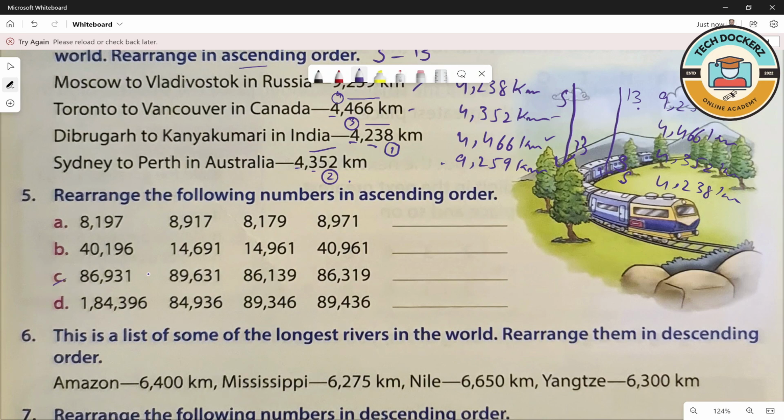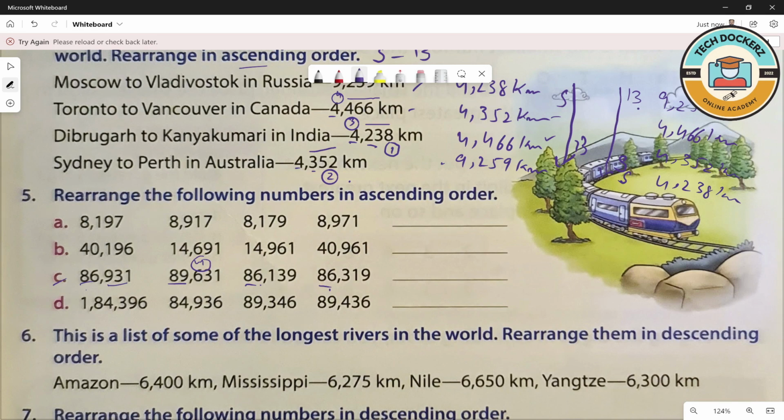Observing the pattern, 89,000 is the biggest number in the 1000 place. So this number will come last. We will keep it separate. Now we have three numbers: 86,931, 86,139, and 86,319. The 1000 value is the same in these three numbers, which is 86,000. We cannot compare which number is bigger and which is smaller.